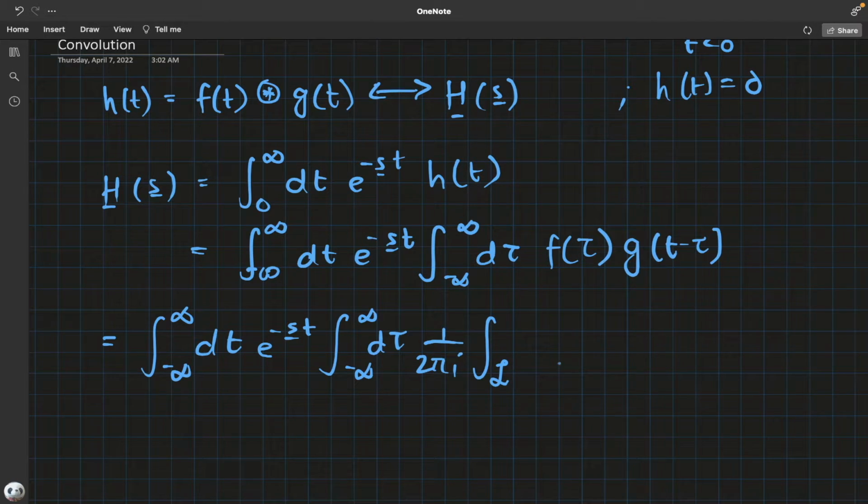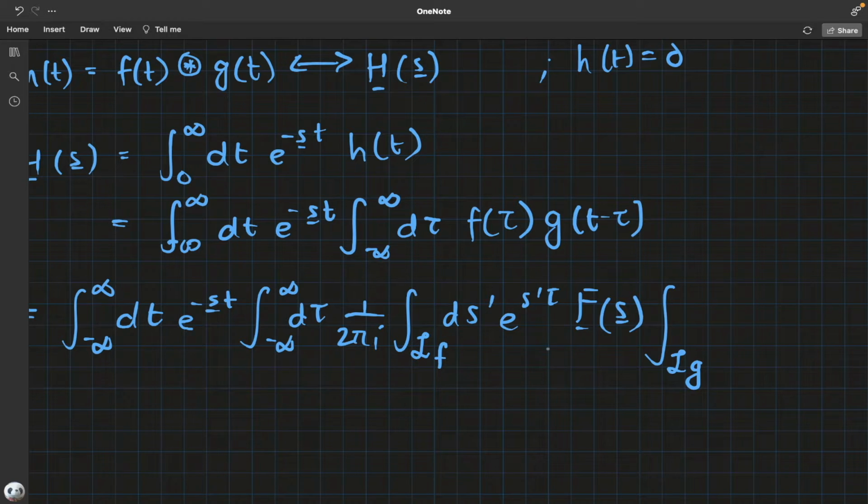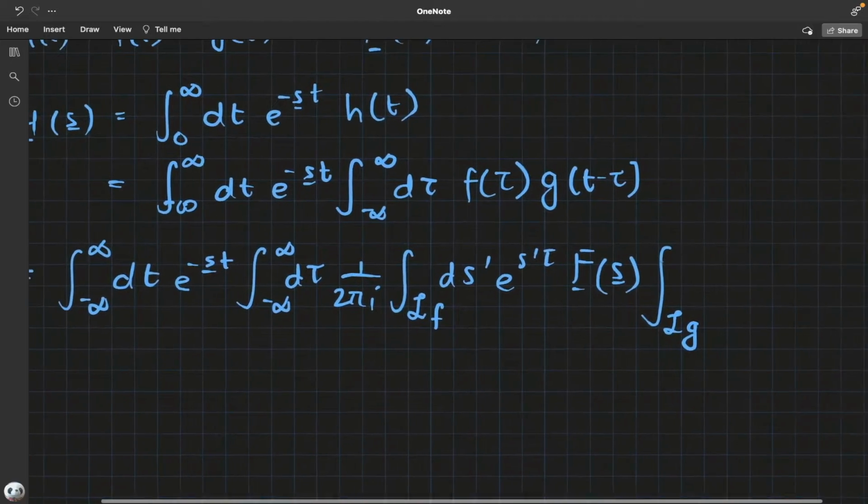So this is just the inversion of capital F of s, and then we can do the same for g. So remember, I have different contours marked for the inversion, because the one for f may not be the one for g, because of different regions of convergence and all that stuff.